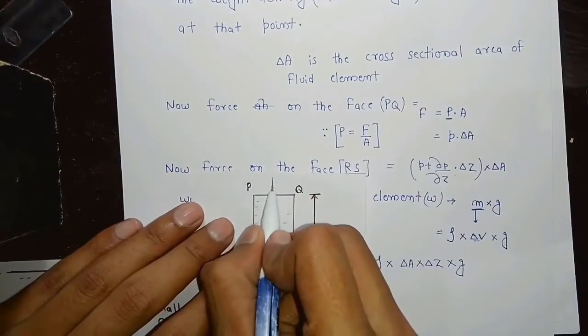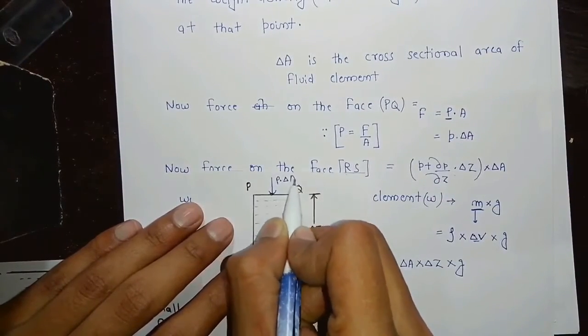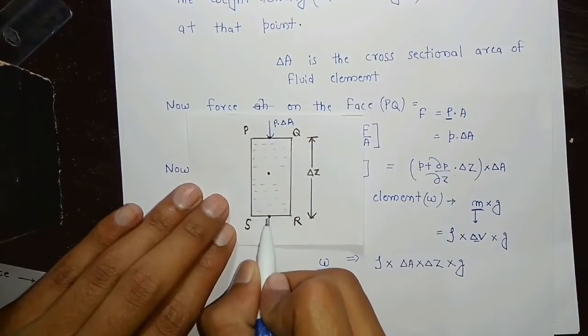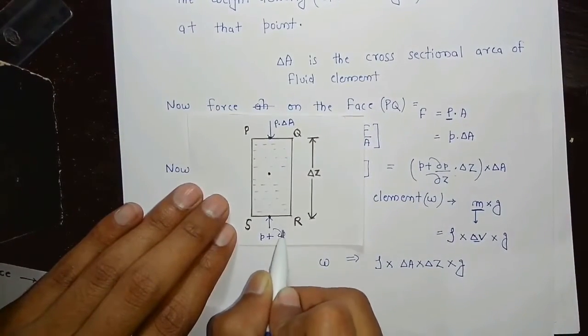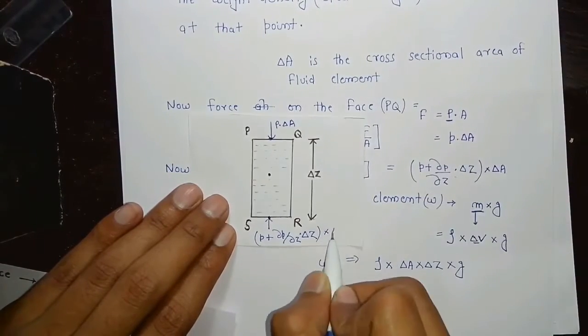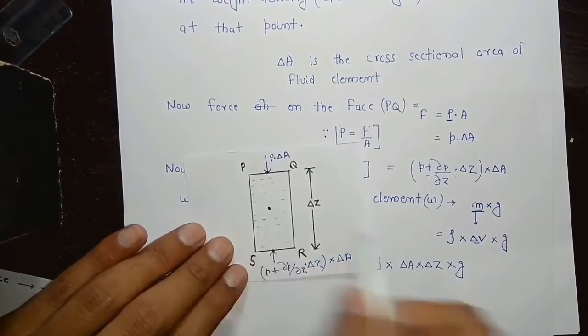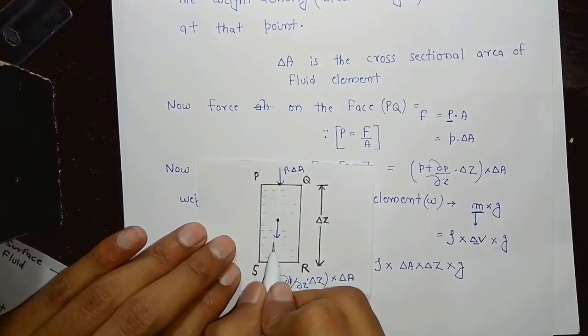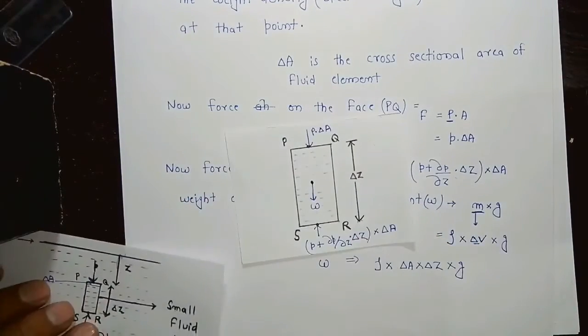The force at PQ is p into delta A and force at RS is p plus del p divided by delta Z into delta Z into delta A, and W is the weight of the fluid element acting from the centroid.